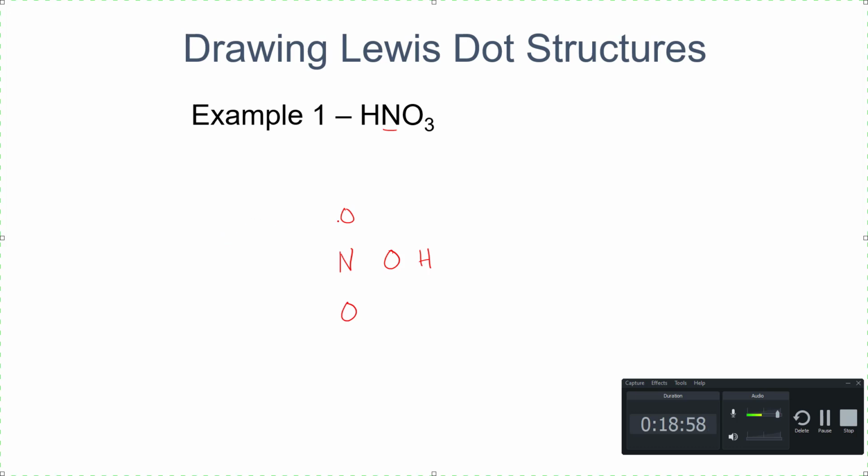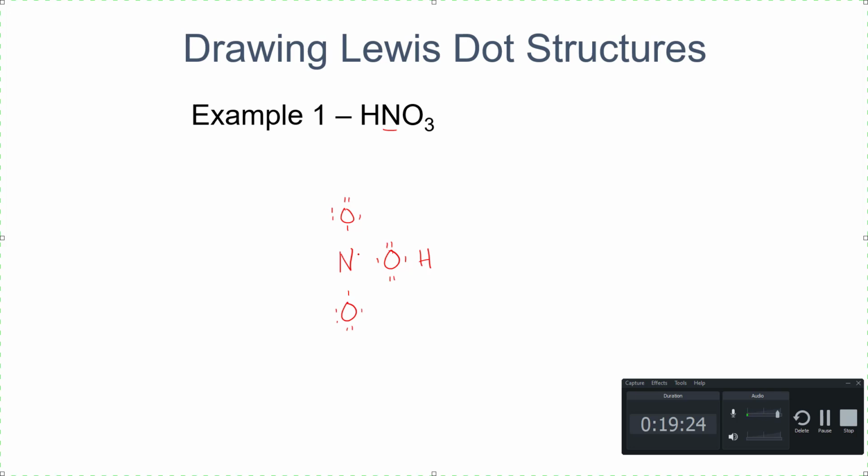What I like to do is go through each element and add in the number of valence electrons that atom would have if it was neutral. So for oxygen, we would have 1, 2, 3, 4, 5, 6 valence electrons, 1, 2, 3, 4, 5, 6, and 1, 2, 3, 4, 5, 6.